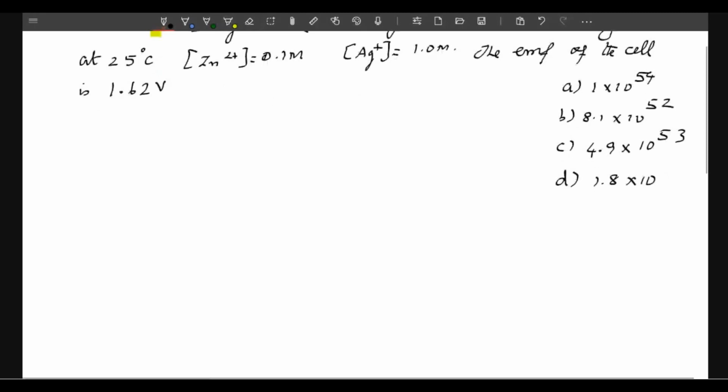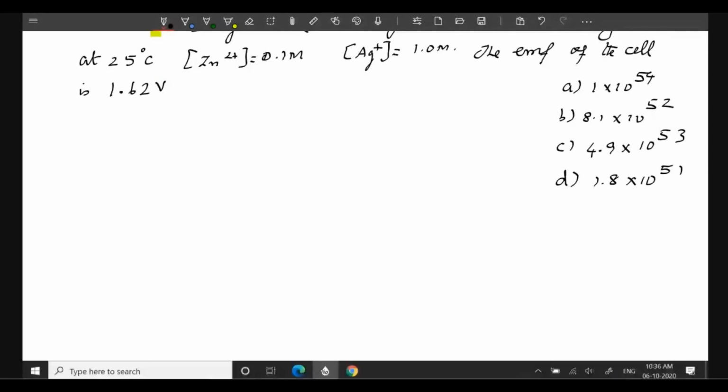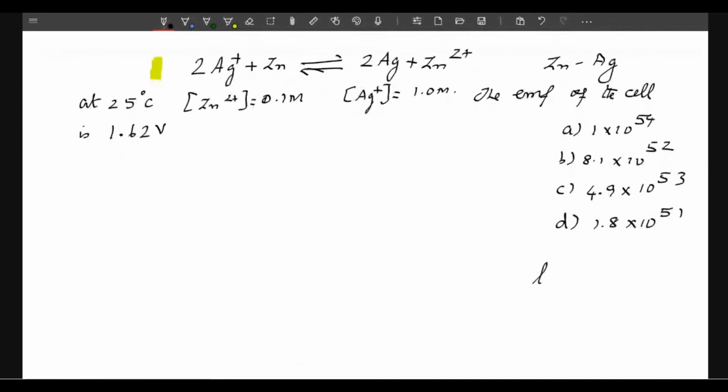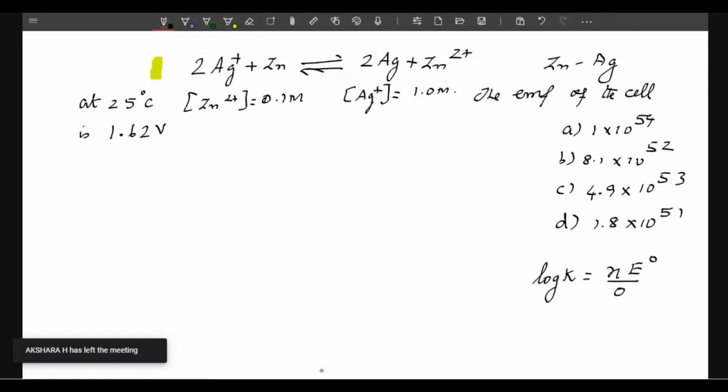Here the equilibrium constant value is given as a numerical value. Therefore, you have to find this value in numerical terms. And what is the formula to be used? Log K is equal to n F E naught by 0.06.